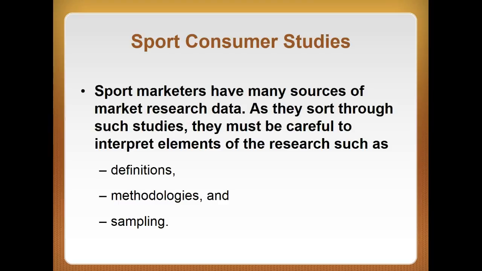As a marketer, you want to be very careful when doing your research: understand definitions, look at the methodologies, and also the sampling involved. This is probably the way it is similar to the research we've talked about in class in regards to sample size. Is it generalizable to a large portion of the population? Is it comparable? Methodologies: what were the methods for collecting the data? How was the survey distributed? Who was it distributed to?